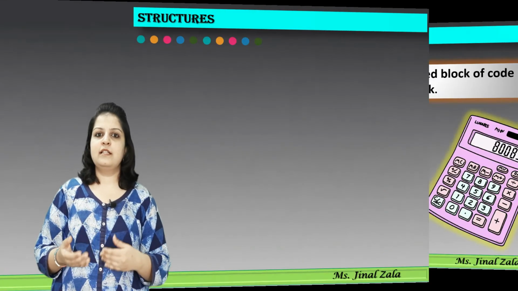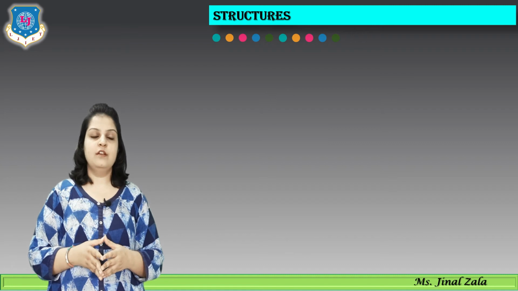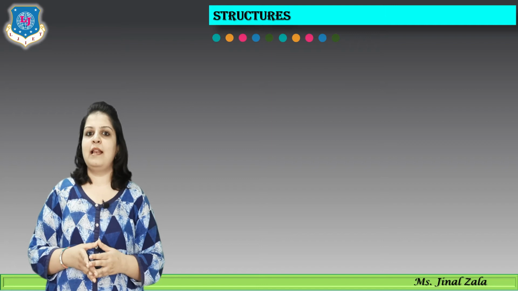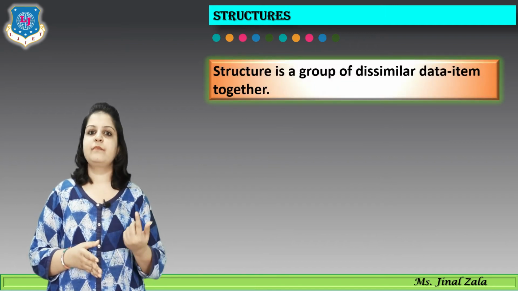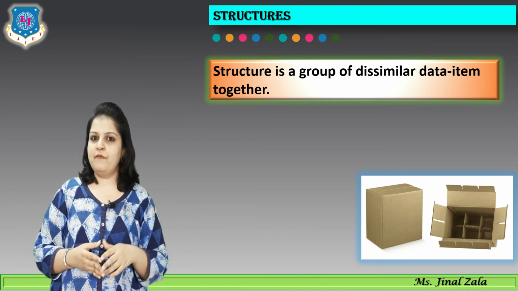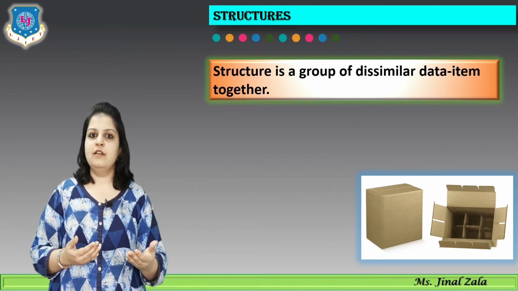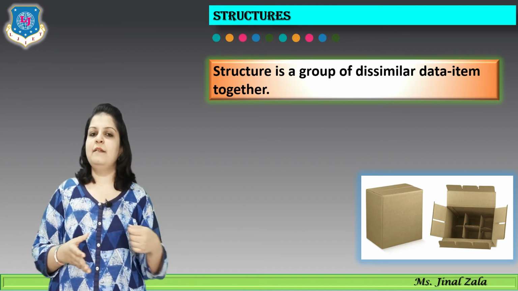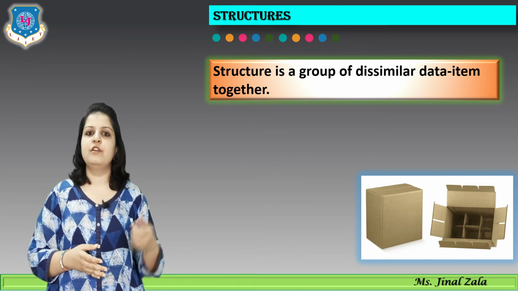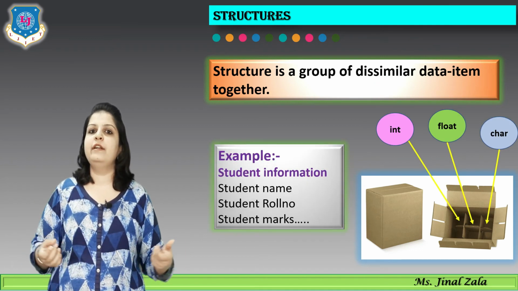Then the next concept is structures. So what do you mean by structure? One limitation of array is we can store multiple elements in one variable but of the same data type. Means when you use the concept of array, you can store 5 different elements but only integers. When you want to store multiple elements of different types, means in a single variable I want to store student roll number, student name, student age, then all have different types.